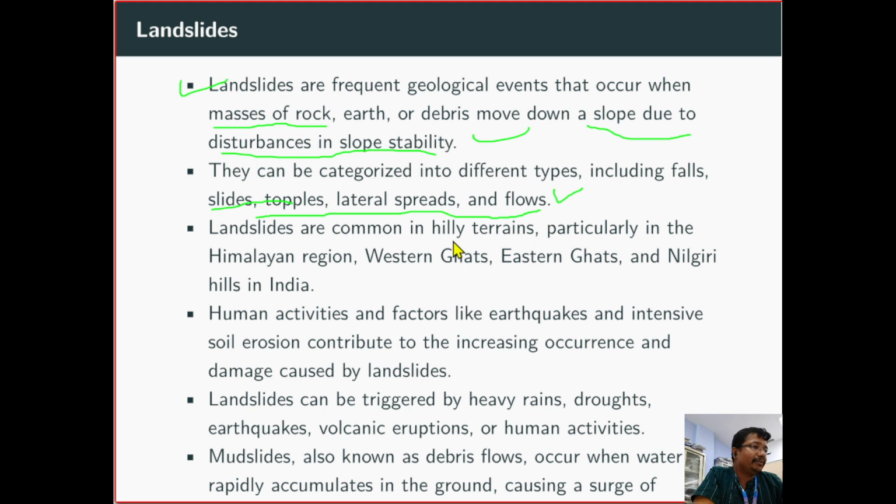So landslides are very common in hilly areas, particularly the Himalayan region, the Western Ghats, and the Eastern Ghats. Okay, which part of our country do we call the Western Ghats? You might have studied in your geography at school level. From Gujarat to Karnataka.